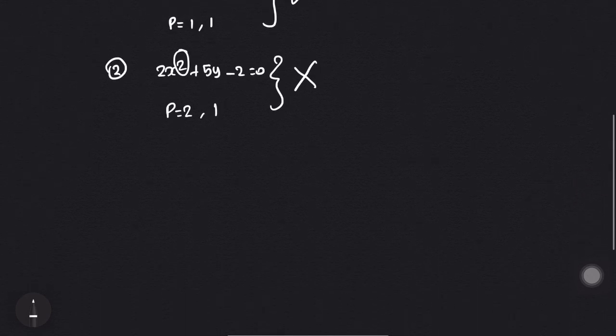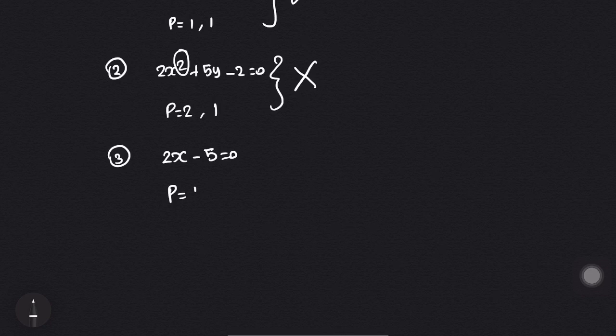Then 2x minus 5 is equal to 0. The power of x is 1, but there is no y term. So this is a linear equation in one variable, so it is not a two variable equation.